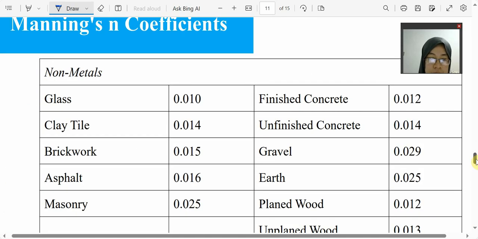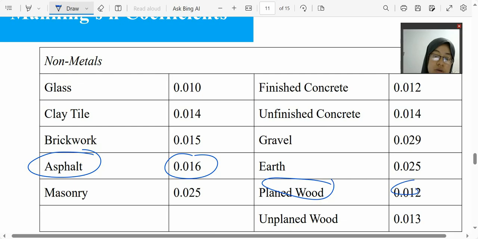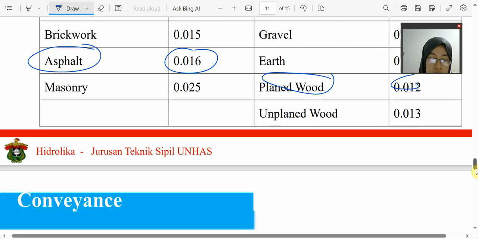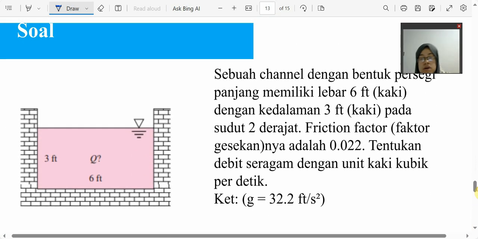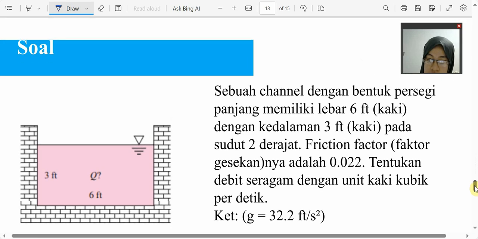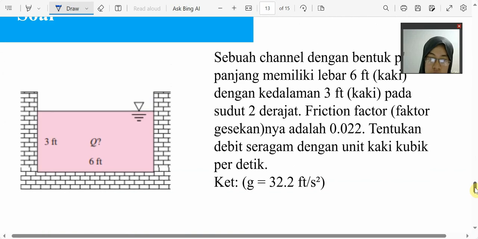If it's asphalt, we can use this, or if wood, we can use this. So there are many books that will give us the Manning coefficients, and also the Chezy coefficients.